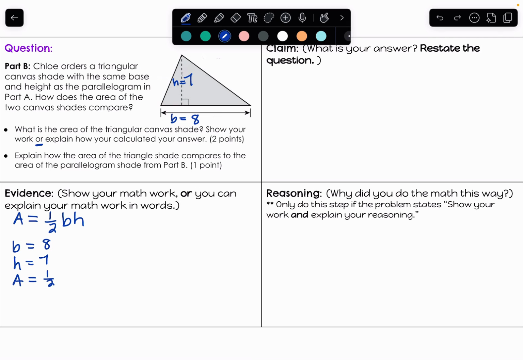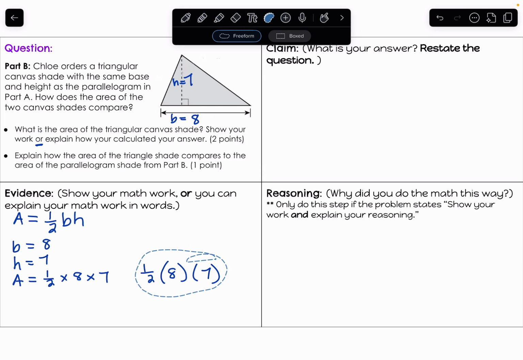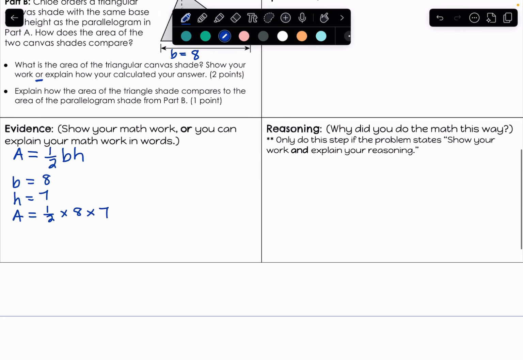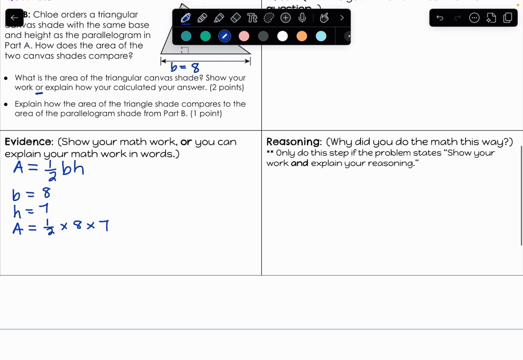There are multiple ways you could write this. You could put 1/2 times 8 times 7, or you could put it in parentheses, 1/2, 8, 7. Either way is perfectly fine. They all mean the same thing. So area equals 1/2 times 8 times 7.